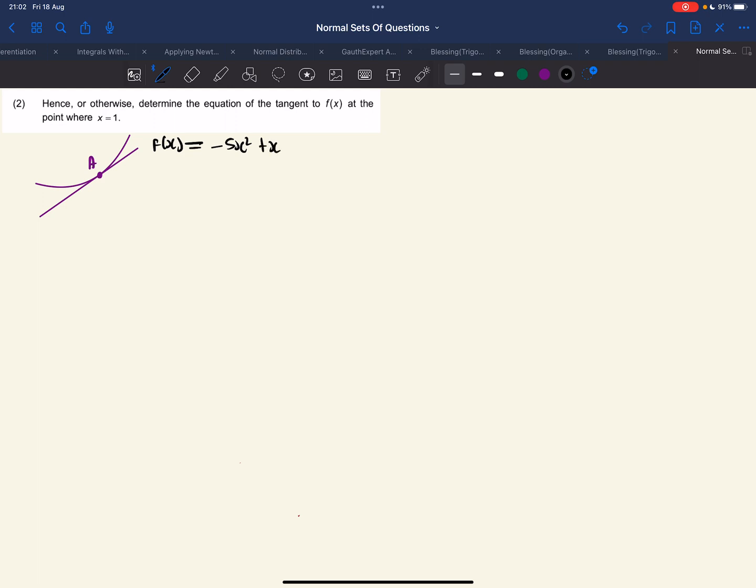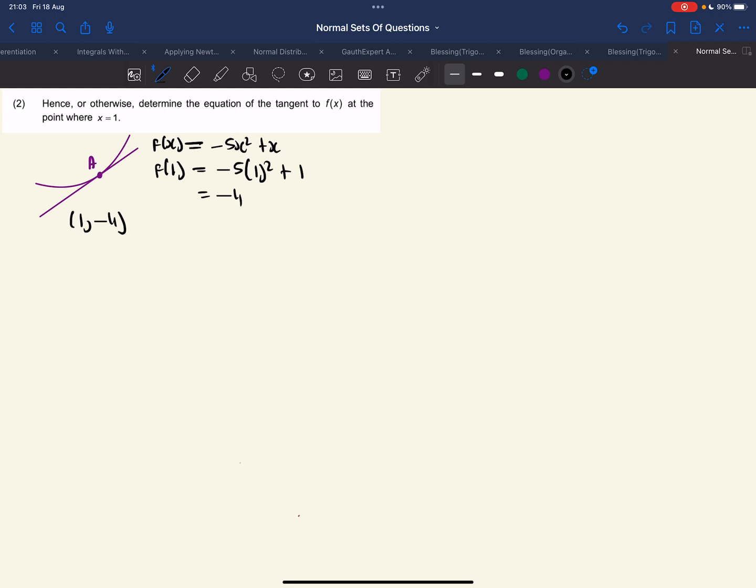So f(1) equals minus 5 times 1 squared plus 1. If we quickly use the calculator, that is minus 4. So that point is actually (1, -4).